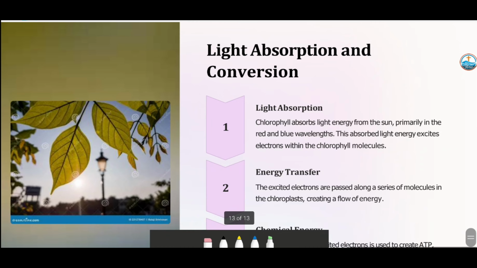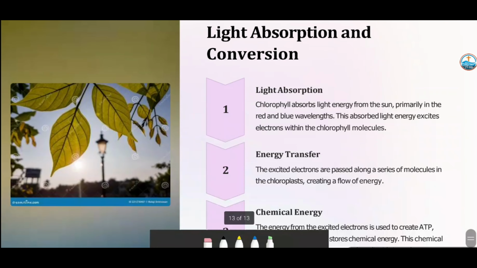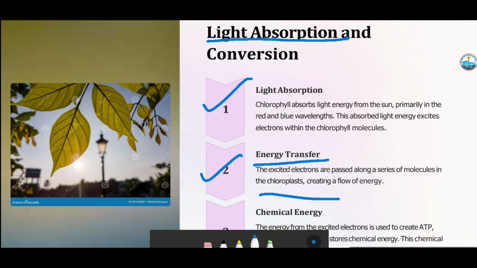So what we have studied in this topic is how light is absorbed in the light reaction, which is the activation of chlorophyll and the splitting of water, that is photolysis. Then the energy is transferred through the electron transport chain. The electrons get excited and pass through a series of molecules, from photosystem 2 to photosystem 1. Then ADP is converted into ATP, and NADP, by adding one hydrogen, is converted into NADPH, which is an electron carrier.